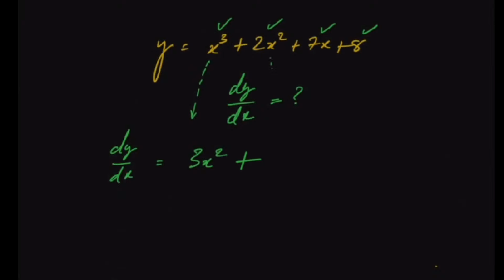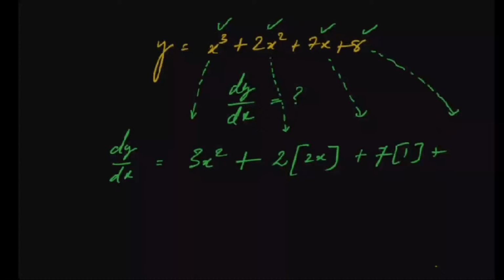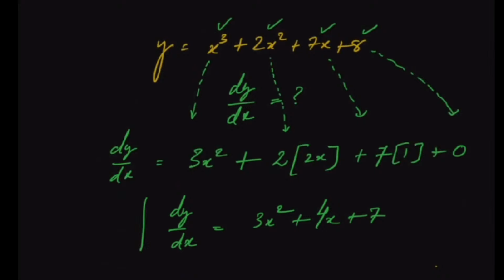Plus, the derivative of 2x squared: 2 you keep as it is, derivative of x squared is 2x, you multiply. The derivative of 7x: you keep 7 as it is, derivative of x was 1. And this is a constant function, and the derivative of a constant function is 0. So dy by dx is 3x squared plus 4x plus 7. So this is your answer.